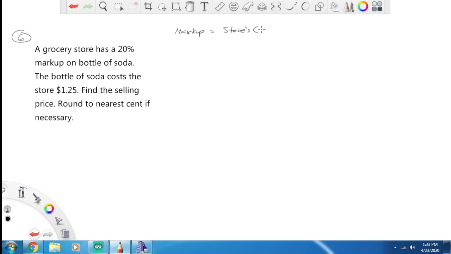So store's cost plus the store's cost times whatever. Actually no, the markup is going to be just the store cost. I'm trying to give you a formula, Eli.